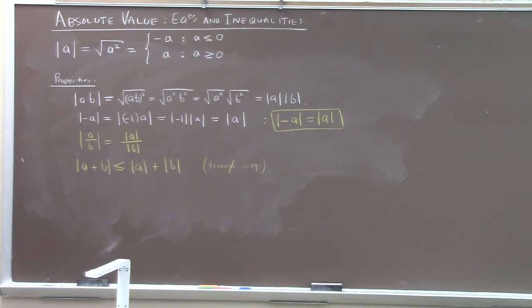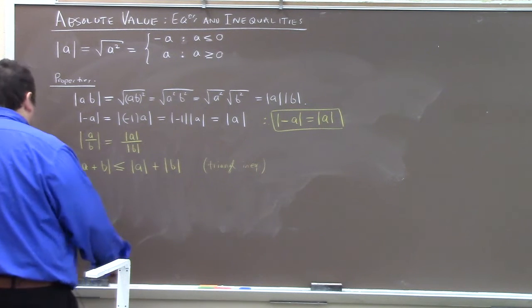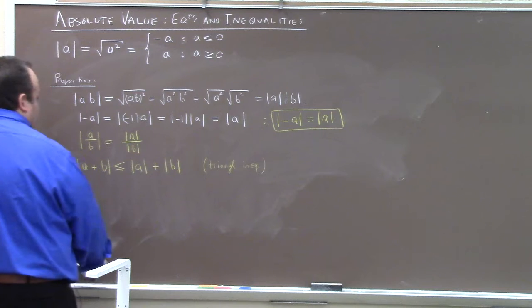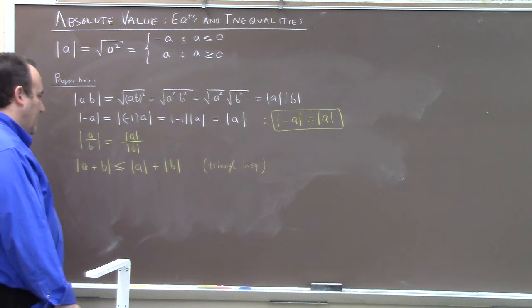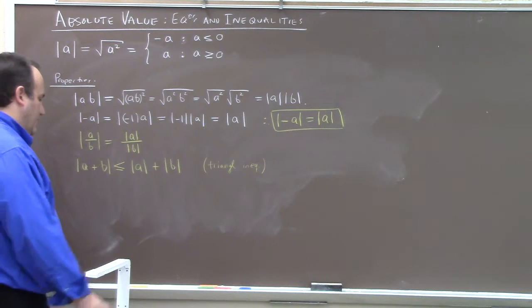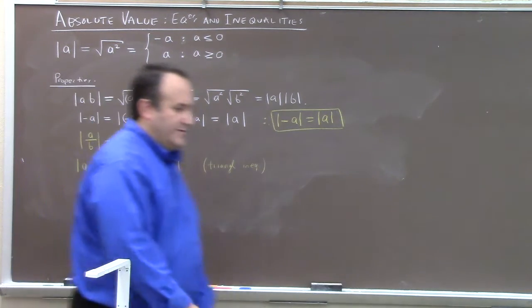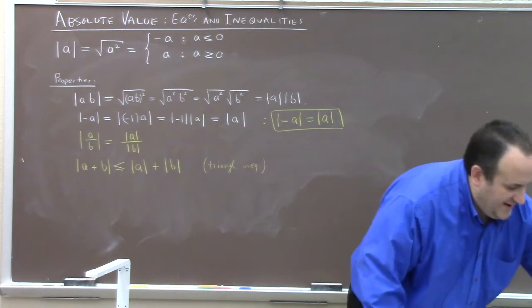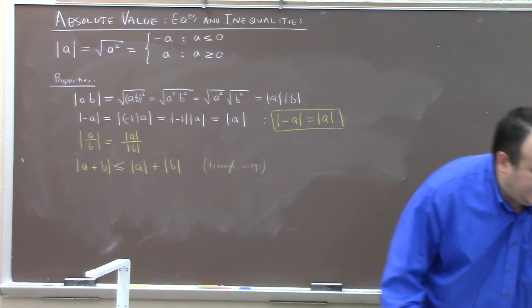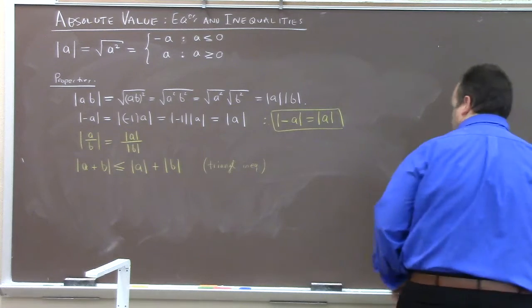Let's look at a problem, let's look at how to solve an equation involving absolute value, all right? Actually, what am I doing? I have more board. Confining myself to just half the board. I've got more board to use over here.